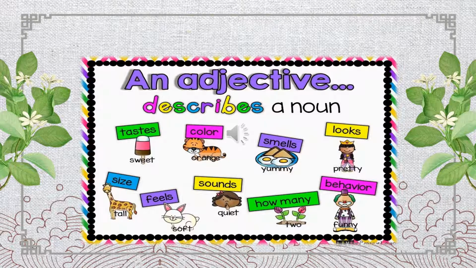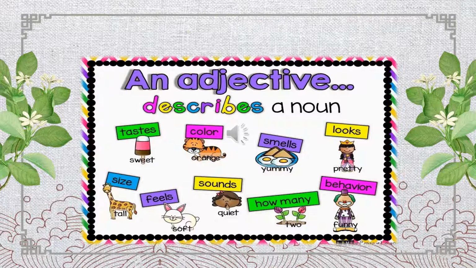Color, red, blue, yellow, black. Smells, nice smelling, sweet smelling, good smelling. Odor, bad smelling. Looks, pretty, beautiful, ugly. These are the words which define the looks.